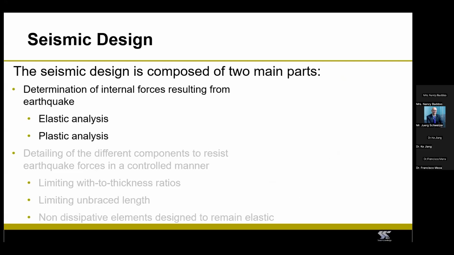With regard to the determination of the internal forces, there are different methods available, but they can all be broadly divided into those that consider an elastic behavior of the structure and those that account for an inelastic behavior.